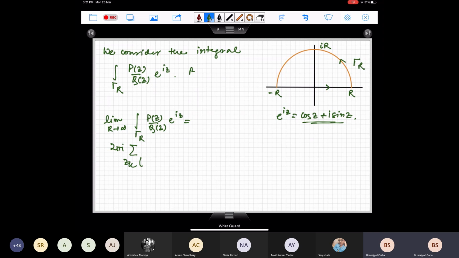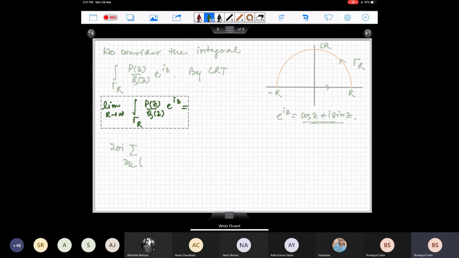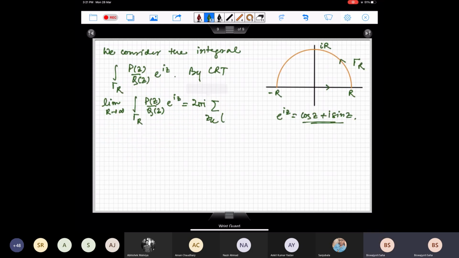So by the Cauchy residue theorem, this is equal to 2 pi i times the sum of the residues of p(z)/q(z) e^(iz) at zk, where the zk's are the zeros of q on the upper half plane.